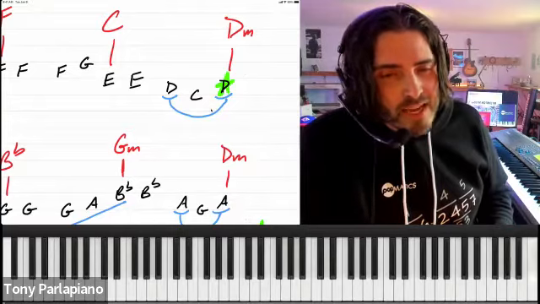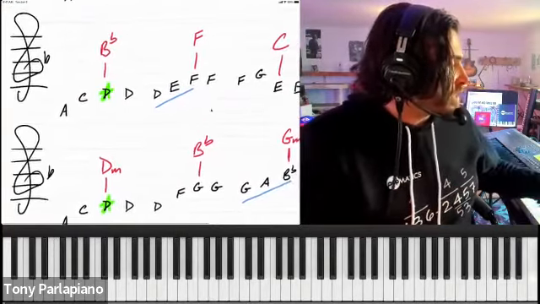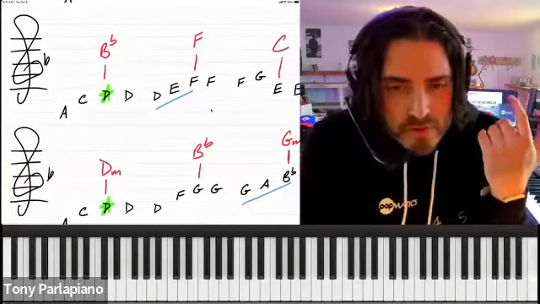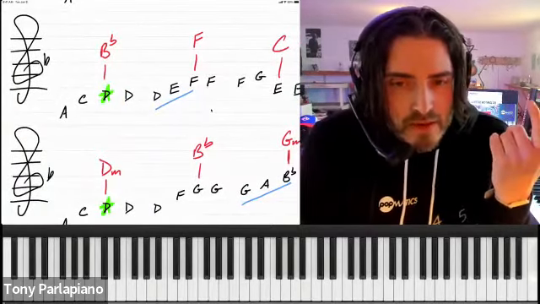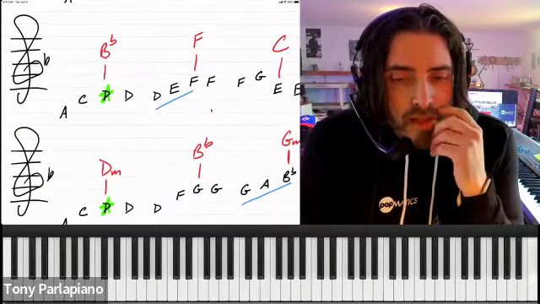I know it's a little wild, this process, but it stems from listening first. We always listen, we try to identify the key, and then we'll pick out the melodies, and then we'll write them.